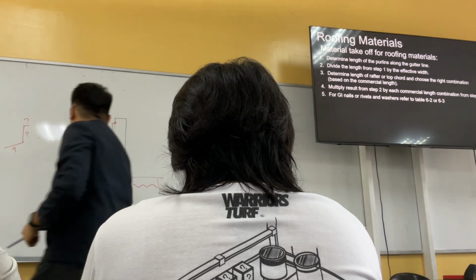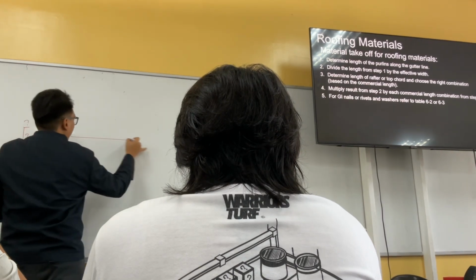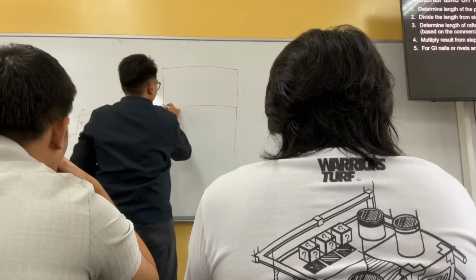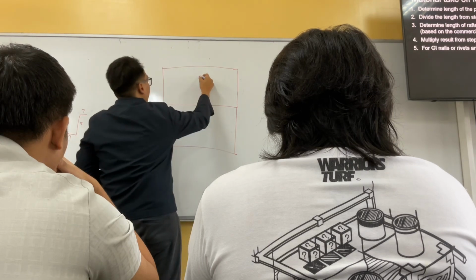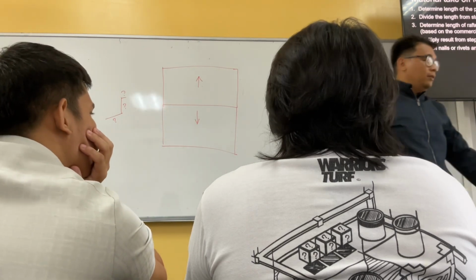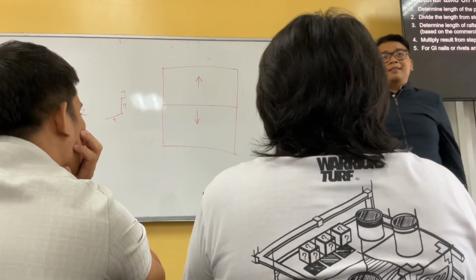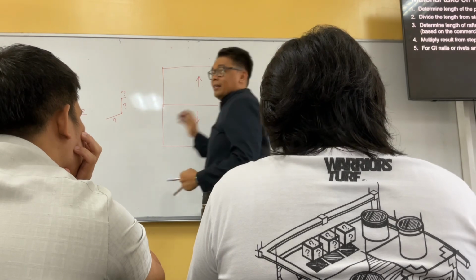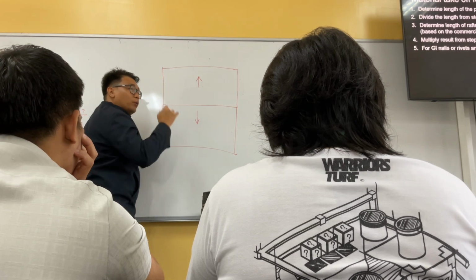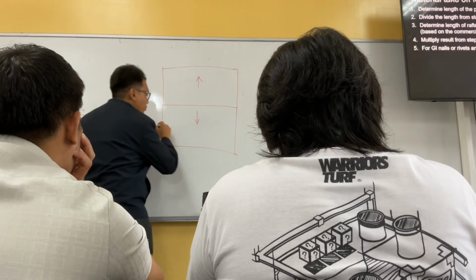Okay? So, last one. Are you familiar with a gable roof? A gable type roof. This is its plan view. From steps 1 and 2, you can determine the number of roof sheets in a single row.